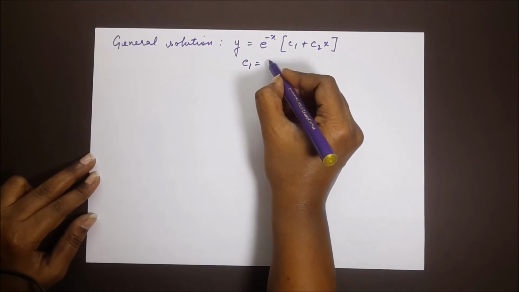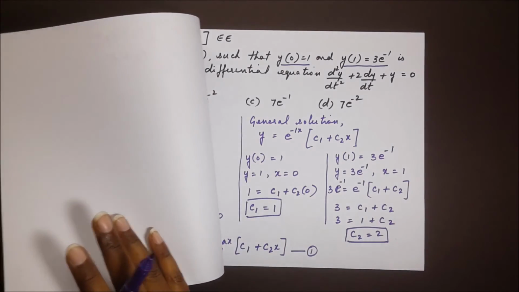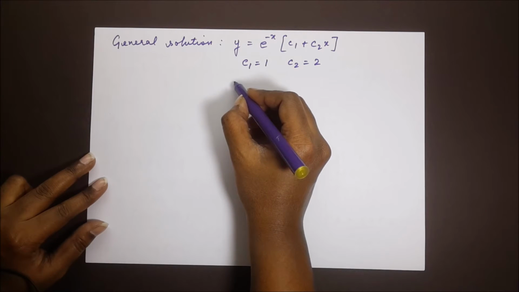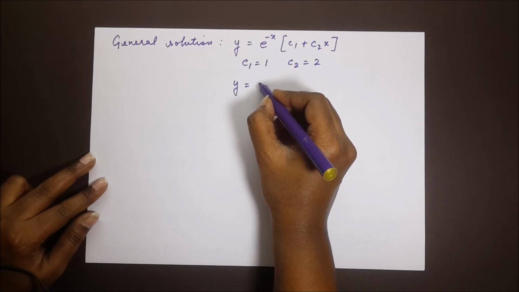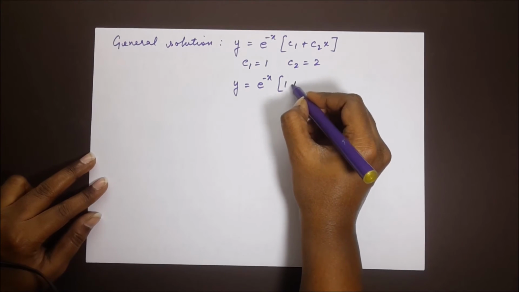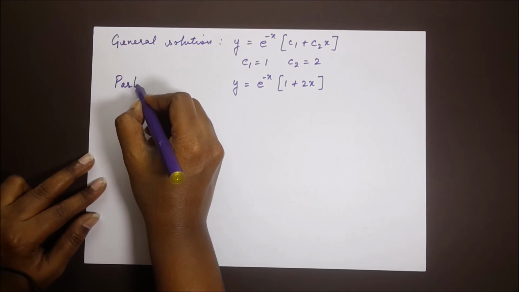We have c1 equals 1 and c2 equals 2, so let's substitute this into the equation above, and we get e power minus x times 1 plus 2x. This is known as the particular solution.